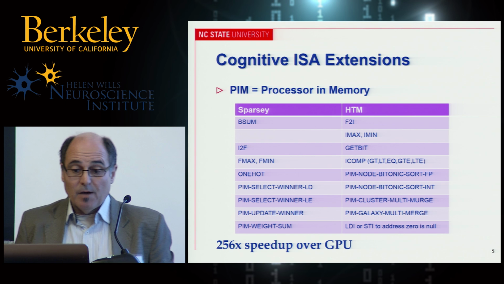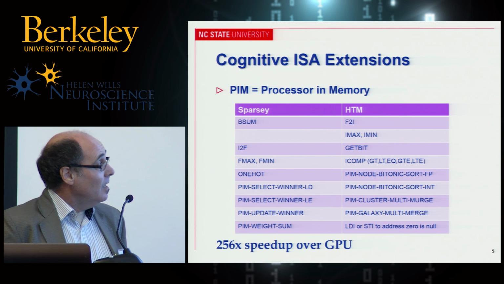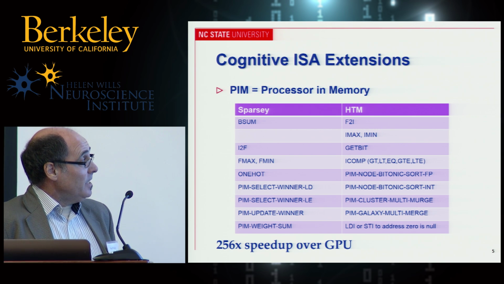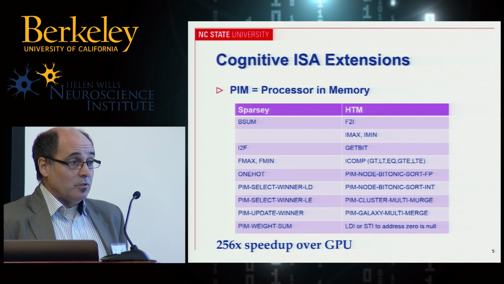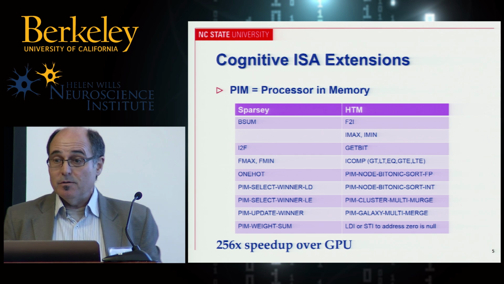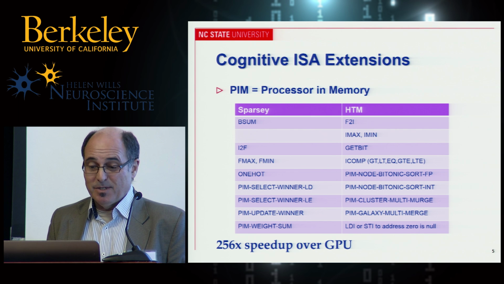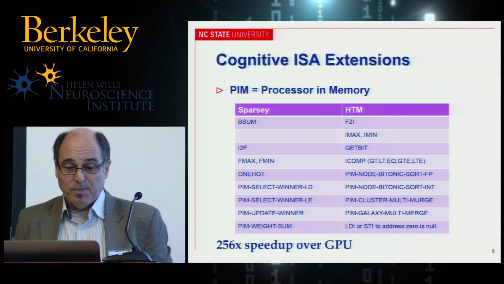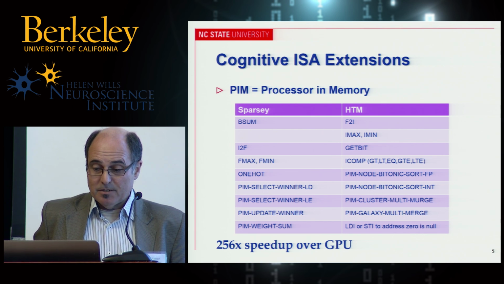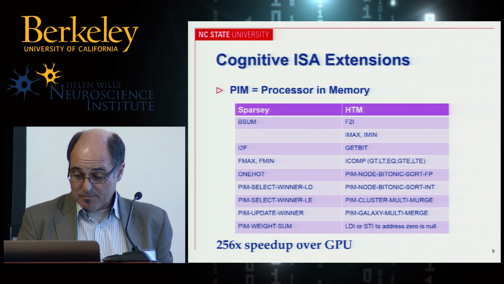For example, sums across a vector. Altogether, these give about a 250x speed up over a GPU. In fact, without these, we only get about a 1x speed up over the GPU and the SIMD processor. This is key to the speed up, though both of these implementations have dramatically lower power.